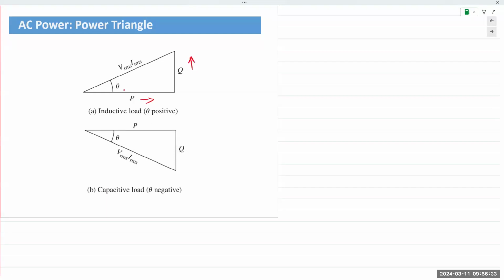And the line that joins it is given by the magnitude of the total complex power S. And that is mathematically given by the product of the RMS values of the voltage and current, so VRMS times IRMS.